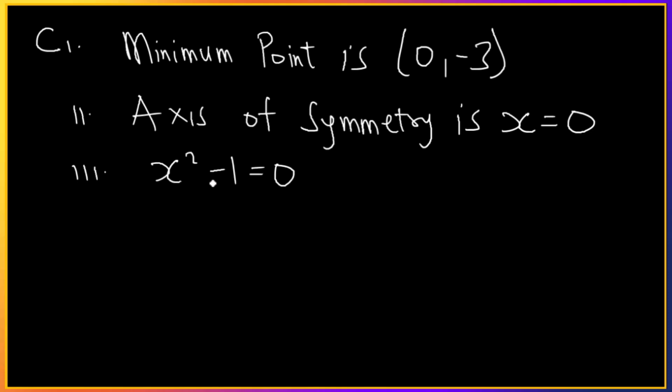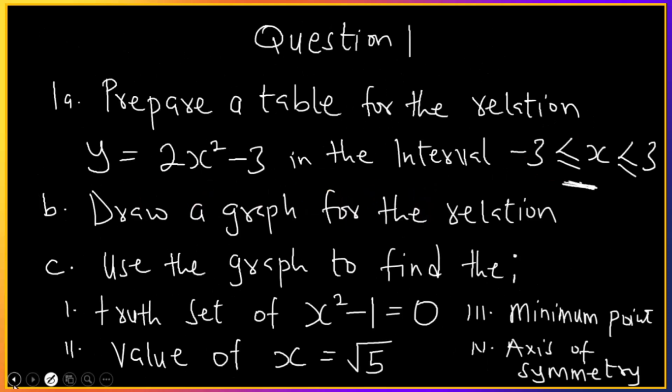So I know 90% of the class was able to find the root of this equation using the factorization method. But here we are going to use the graph to find the root of this equation, and the relation given was y equals 2x squared minus 3.